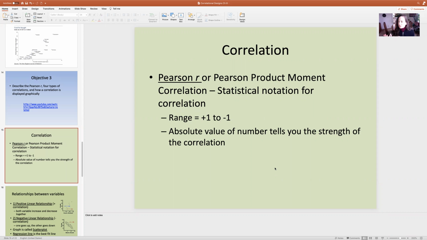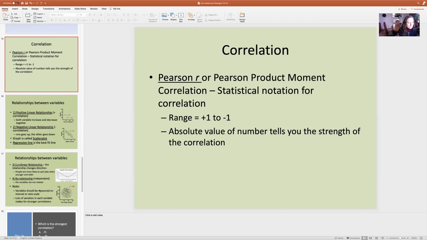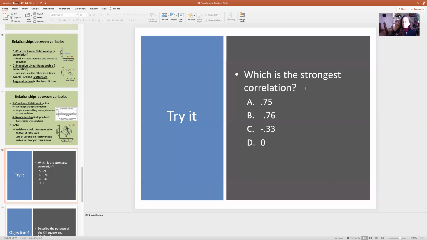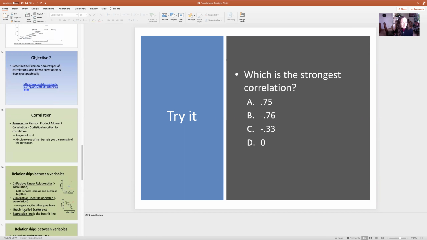Then we can tell the strength of the correlation. So let me just show you a little activity there, and you can see which is the strongest correlation. Look again at the absolute value, and you should be able to see that the strongest correlation is the biggest absolute value number, which is encompassed in answer B.